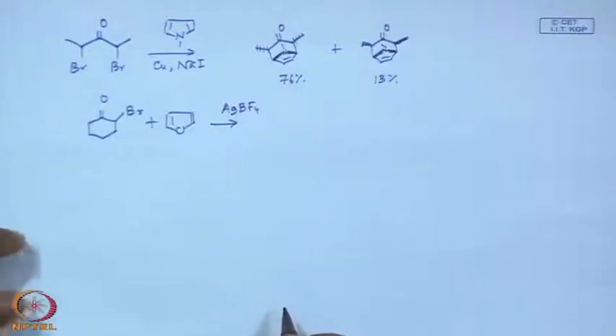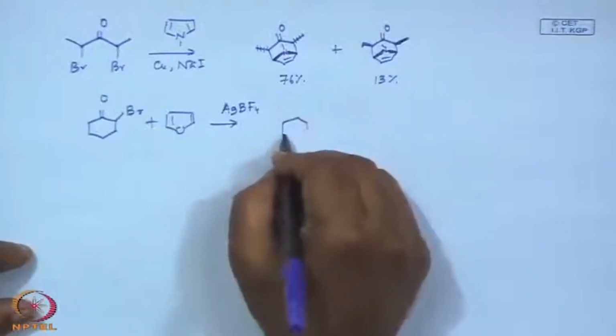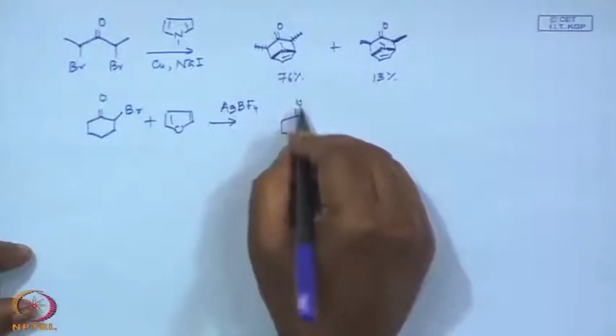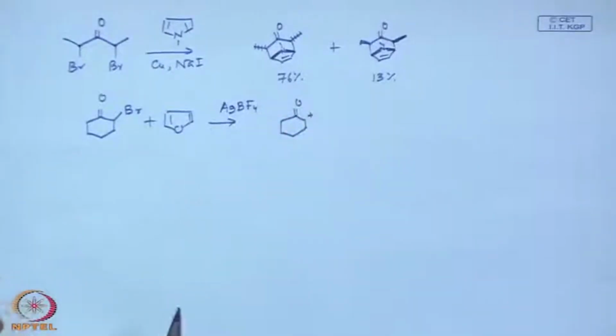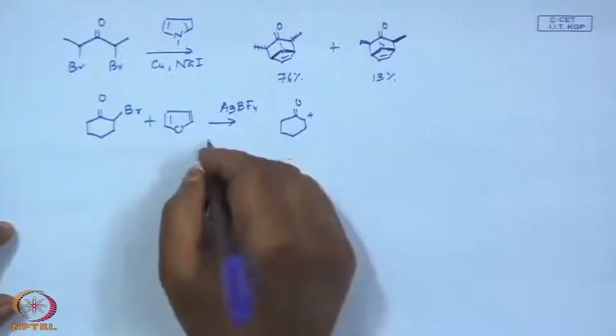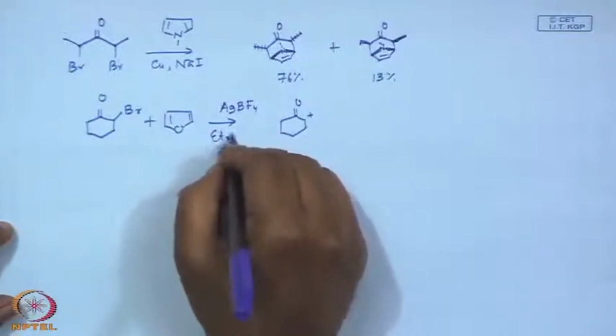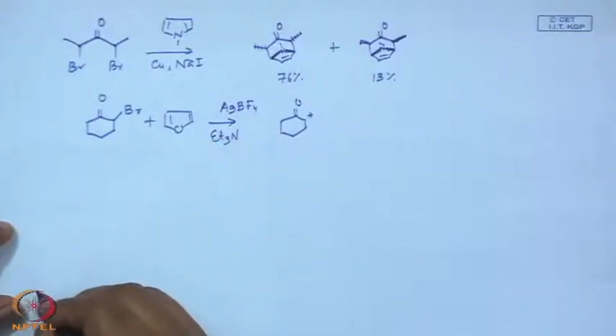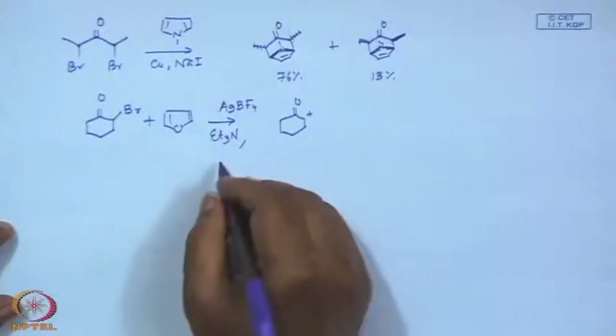That takes care of this, that means that would pull out this. Then at the same time you have to form an anion here. So how do you do it? Just use a base, in this case triethylamine, that is enough, and then a solvent, because you are using an inorganic compound, silver tetrafluoroborate. So you have to use a polar solvent.